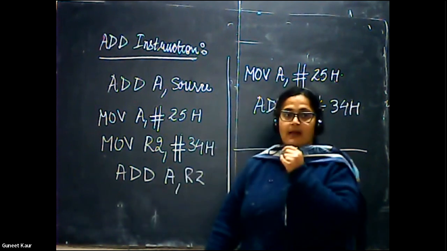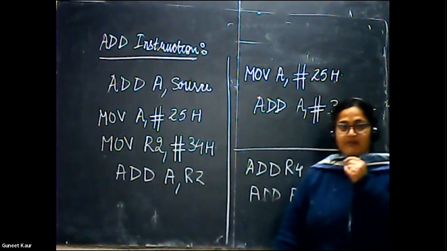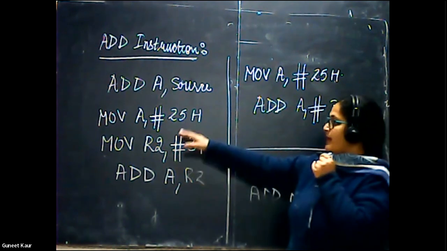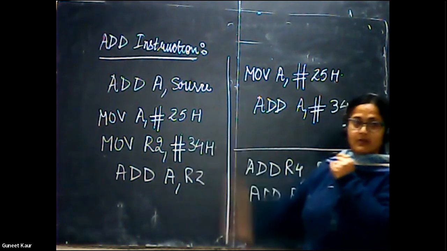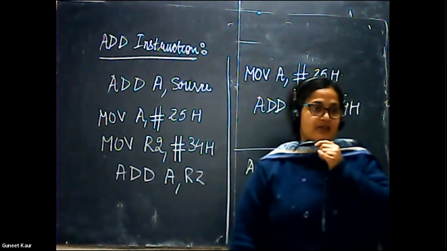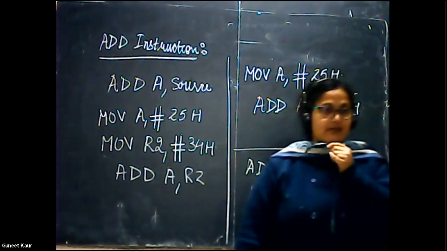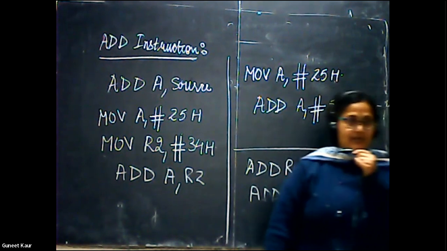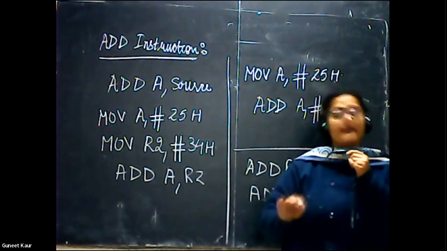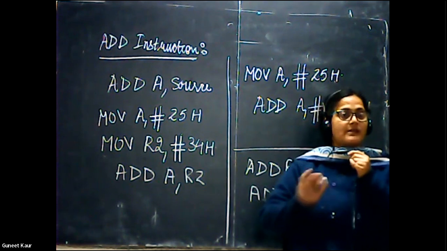So with this, I have written some examples. First is MOV A comma #25h. What is the meaning of this instruction? The 25h is data; the hash, or pound sign, indicates that it is directly given data.